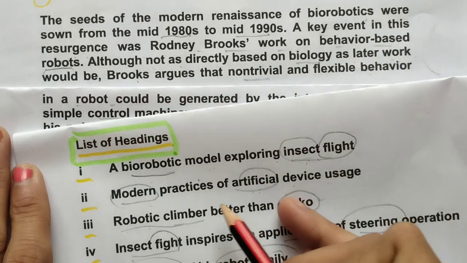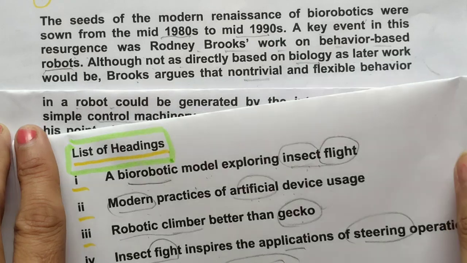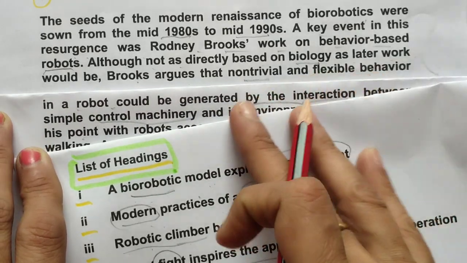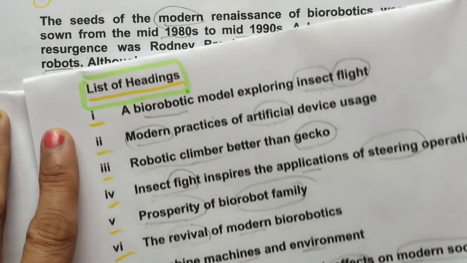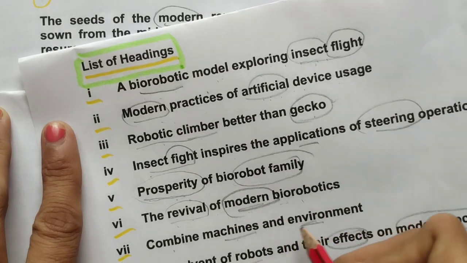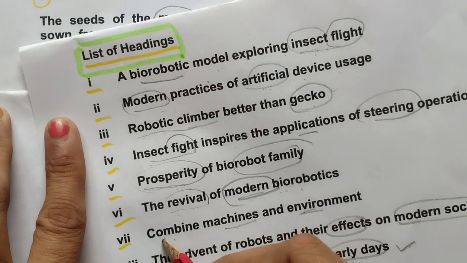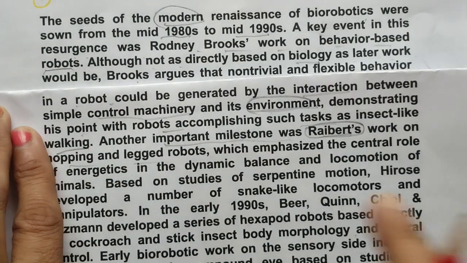Insect flight is not there. Modern practices of artificial device usage. So actually the modern word is here. Okay, modern word. The revival of modern biorobotics we can see, and environment is also there. So combined machines. So machines control.